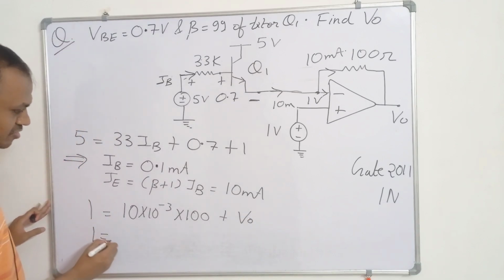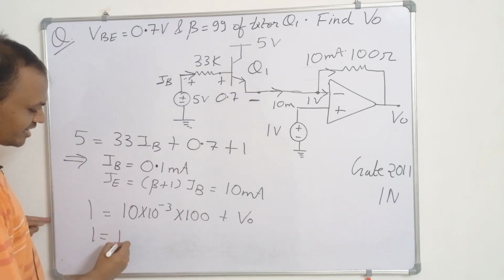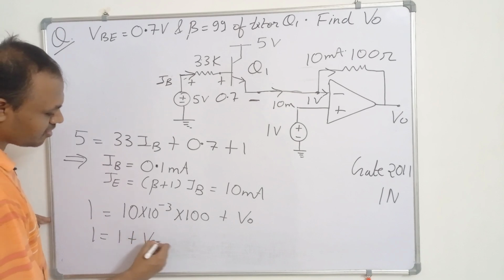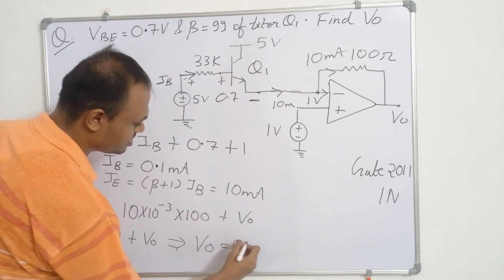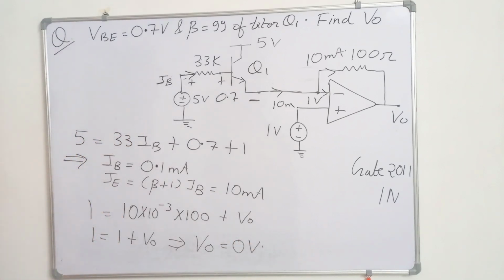So 1 equal to 1 plus V naught. So V naught is equal to 0 volt. So the value of the output voltage is 0 volt. In this way we can find the values.